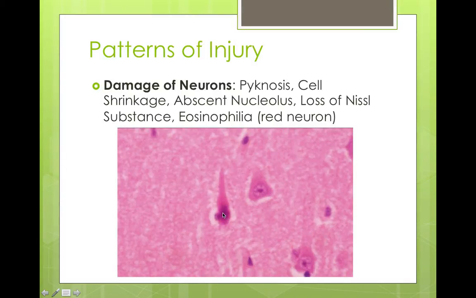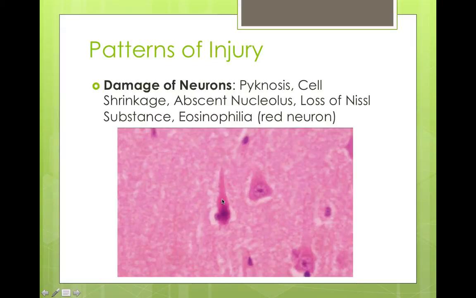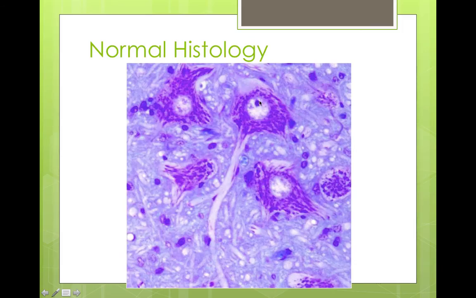The nucleus is not very well visible. There's cell shrinkage. Look at how small the cell is. Now this one is big, round and beautiful. This one is not as big and round. It's shrunken. There's an absent nucleolus.